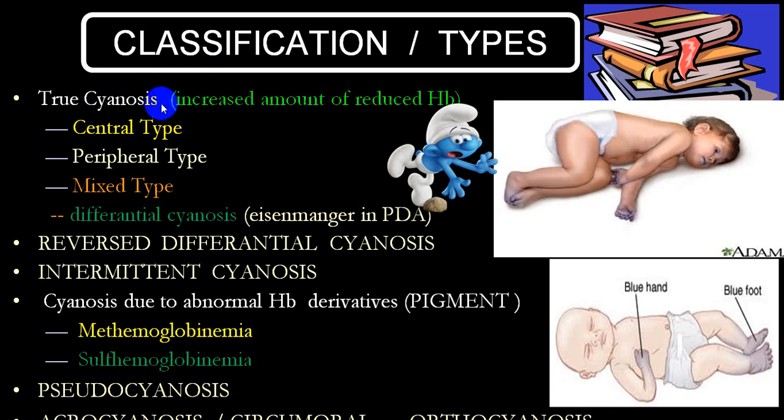Now this true cyanosis will be further divided into central, peripheral, mixed, and differential cyanosis, and again differential cyanosis and reverse differential cyanosis.